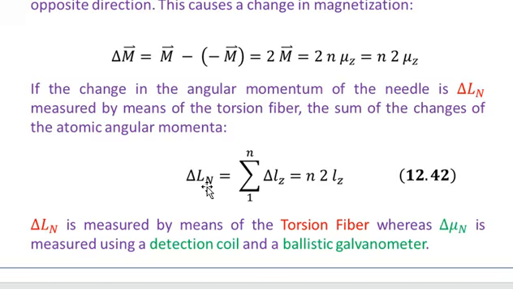So delta Ln is the change in the angular momentum.